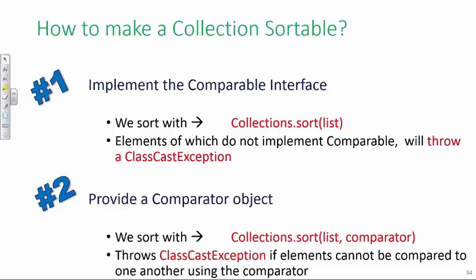You are encouraged to implement also the equals method, okay, and make sure that they are consistent with one another. You are encouraged to implement toString. You are encouraged to implement the hashCode method, which returns the hash value. There is a whole list of things, and we are going to mention most of them in the lecture.